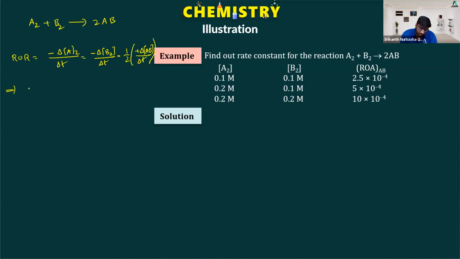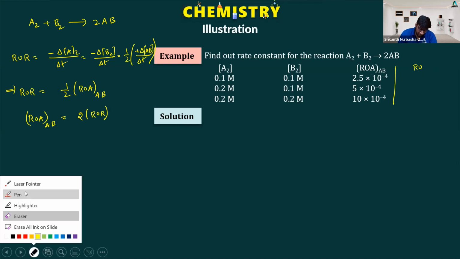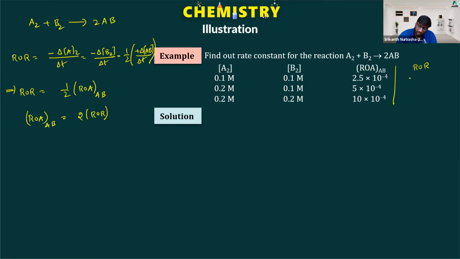I can write from here that the rate of reaction, with respect to AB, is half of the rate of appearance of AB. So the rate of appearance of AB is 2 times that of the rate of reaction. I'll make the other column for the rate of reaction. So I'll write the value of the rate of reaction. This is 5 into 10 power minus 4.